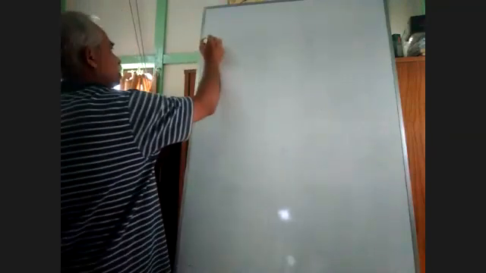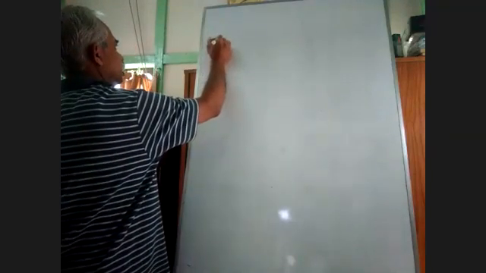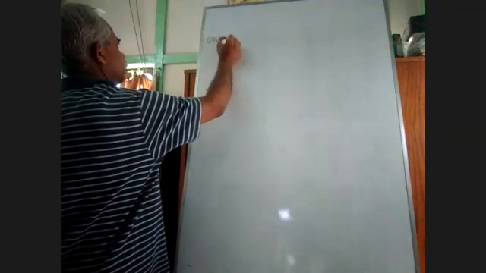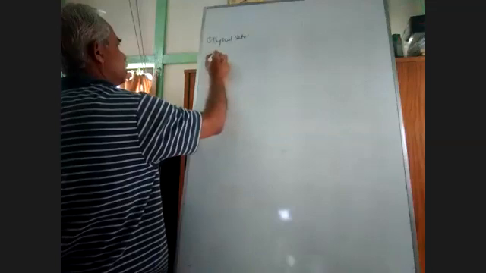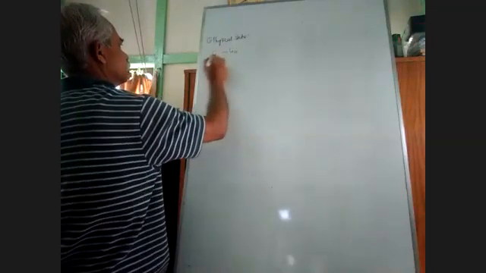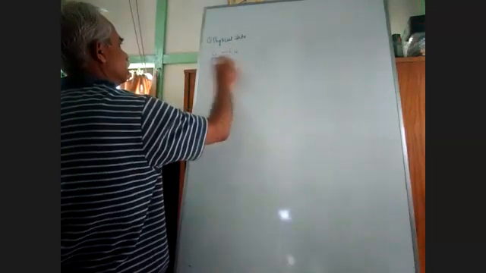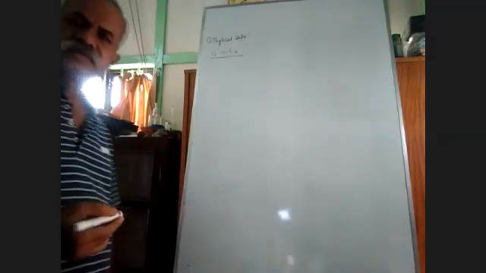First one is physical state. See, from C1 to C4, these are strong pungent liquid substances.